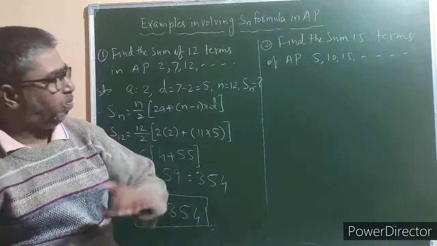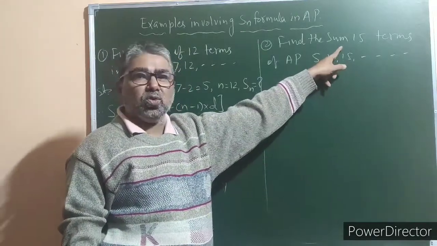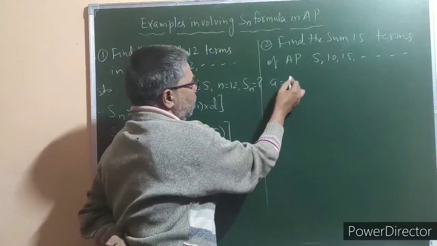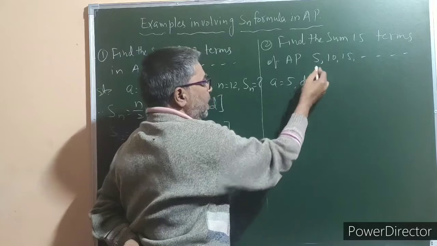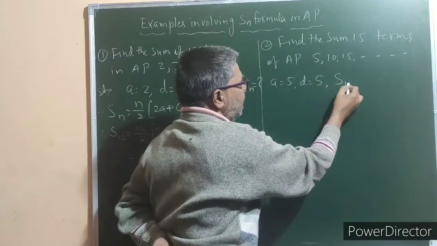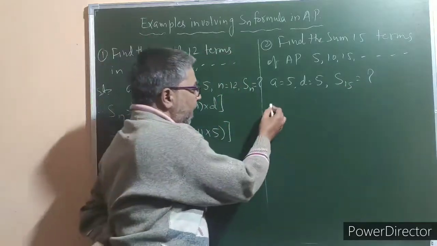So the given arithmetic progression is 5, 10, 15, and so on, and we are asked to find the sum of 15 terms. So here a is equal to 5, d is equal to 10 minus 5, that is again 5, and S15, the sum of 15 terms, is equal to question mark. Now write the formula.